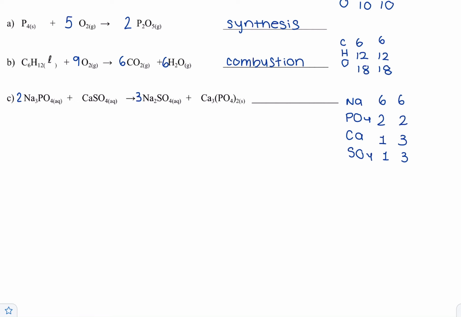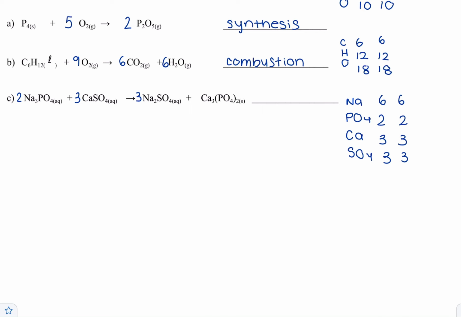And then the last thing that we need to do, now that we balanced our PO4s, is take a look at our calcium. Right now we have 1 on the left and 3 on the right. So we have to put a 3 in front of here. And that's going to change the number of calcium and the number of sulfates. So now on the left we have 3 calcium and we have 3 sulfate. And now taking a look at our overall table, everything is balanced.